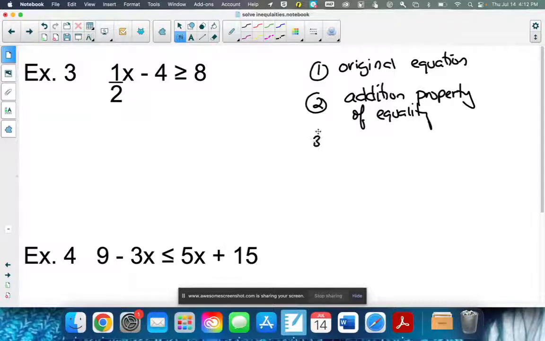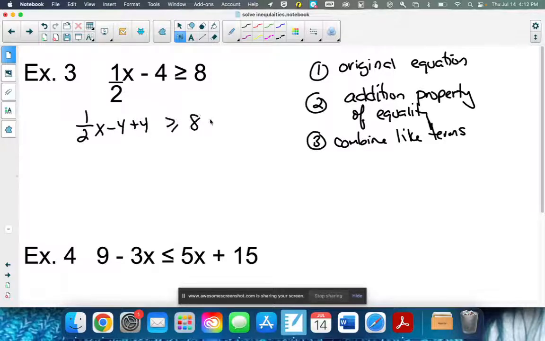And if I'm adding, then I am combining like terms. So 1/2 x minus 4 plus 4, 8 plus 4, same thing on both sides, right? Combining like terms gives me 1/2 x, and 8 plus 4 is 12.